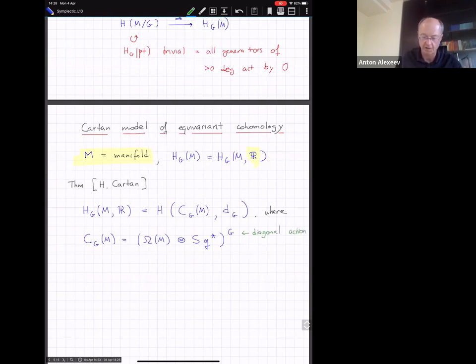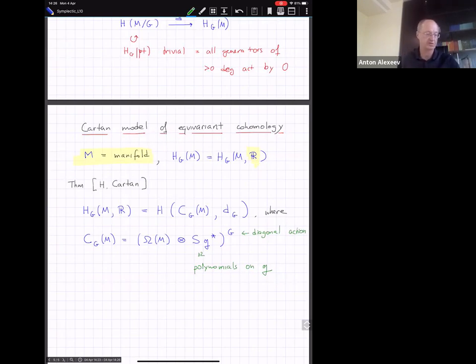Maybe to simplify things, and we're going to use it later on, the symmetric algebra of g star is the same as polynomials on g. So we're considering differential forms on M, which are also polynomials on our Lie algebra g, and then we take G invariants under the action on differential forms and on polynomials.